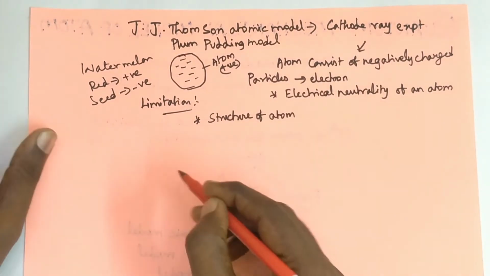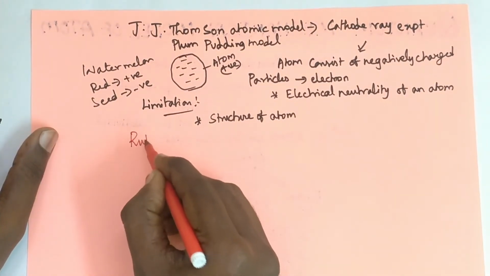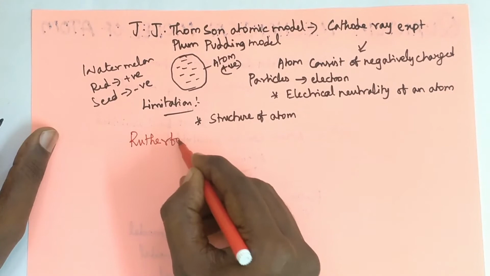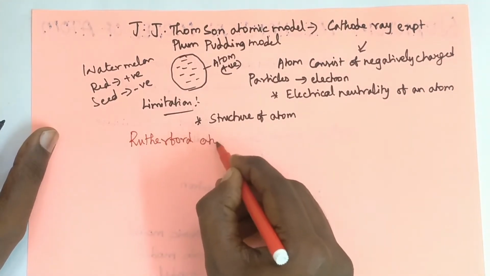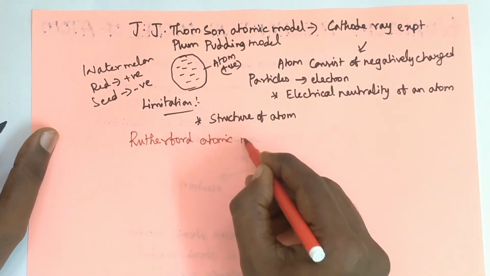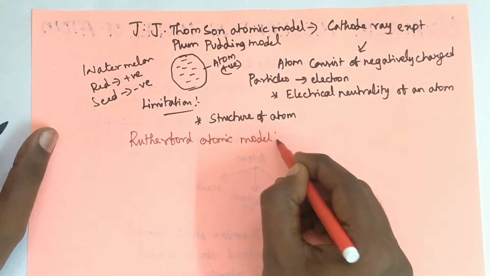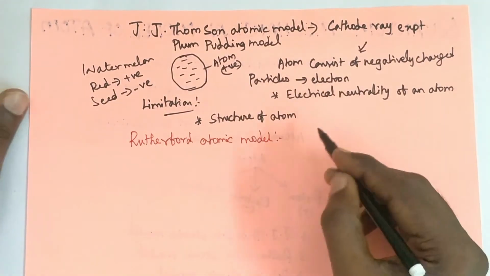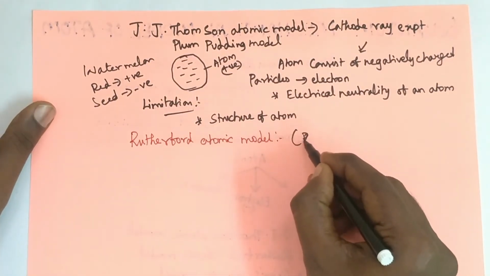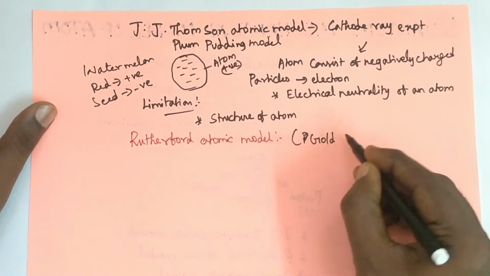The next model is the Rutherford atomic model. This model was made using the gold foil experiment.